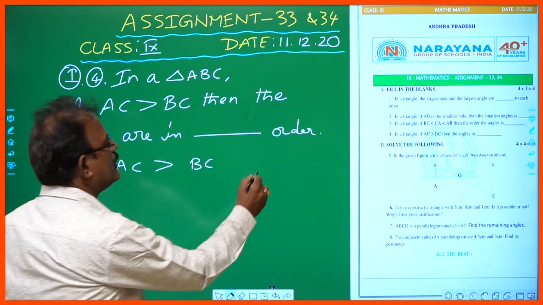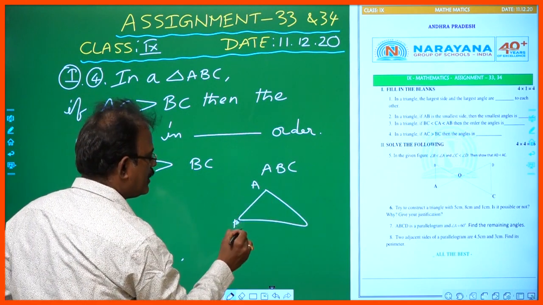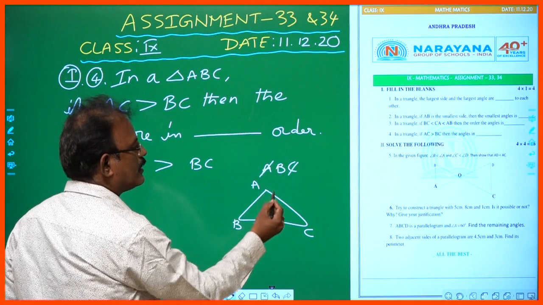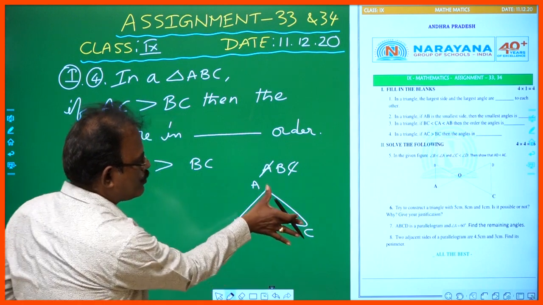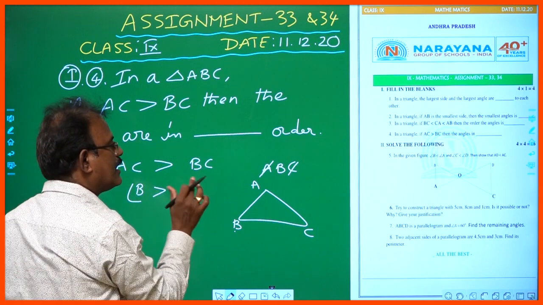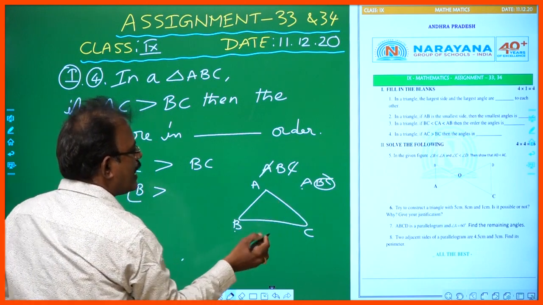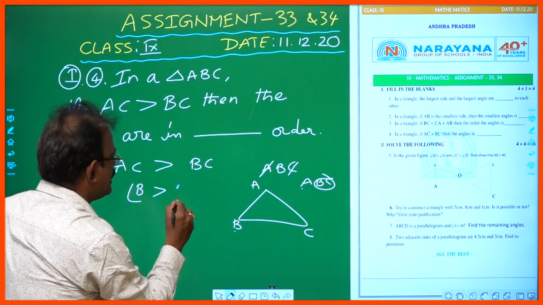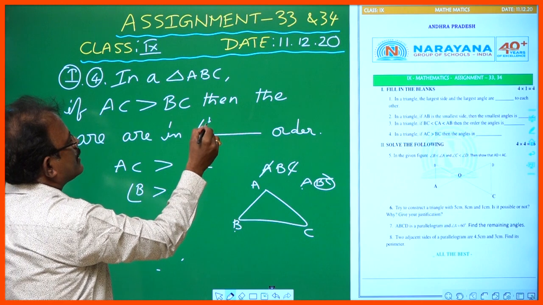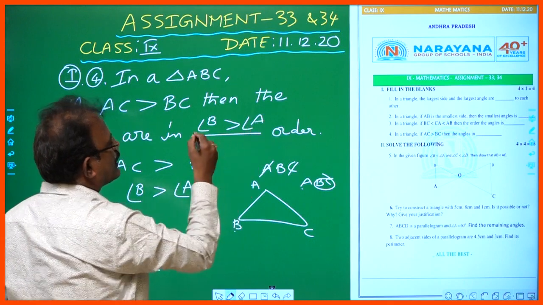What is the name of our triangle? ABC. See generally, in ABC, the angle opposite to AC is B, and the angle opposite to BC is A. If AC greater than BC, then angle B, opposite AC, and angle A, opposite BC, are also in the same order.